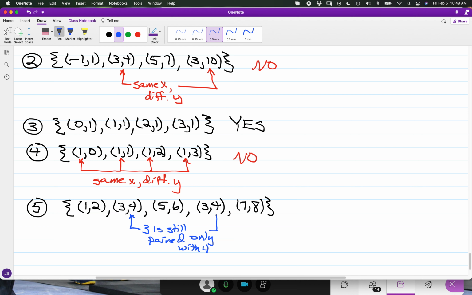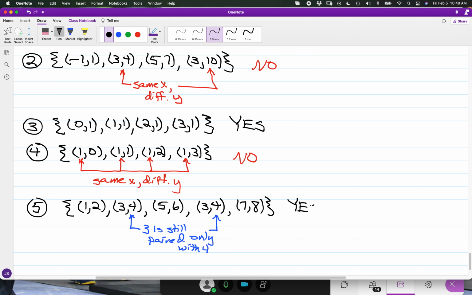A point can repeat in a function as long as that x value appears only with the original y value. So you've got 1, 2, 3, 4, 5, 6, 3, 4, and again 3 is uniquely paired up with 4, and again 7 is uniquely paired up with 8. So this is going to be a function.